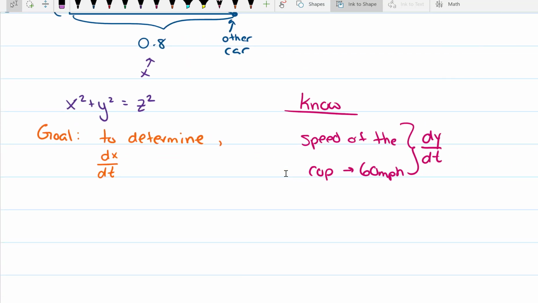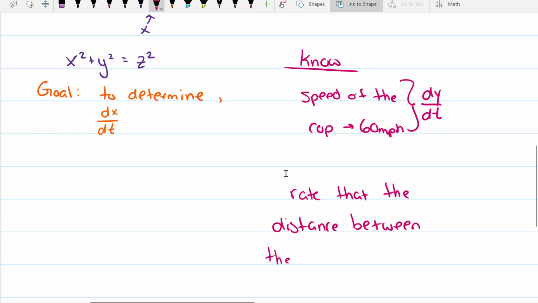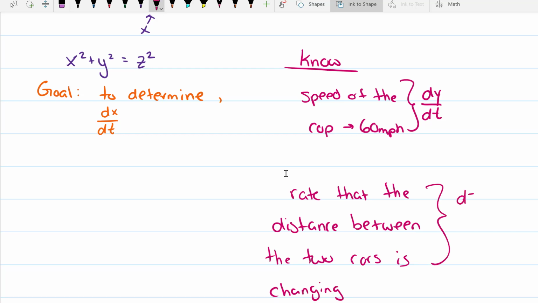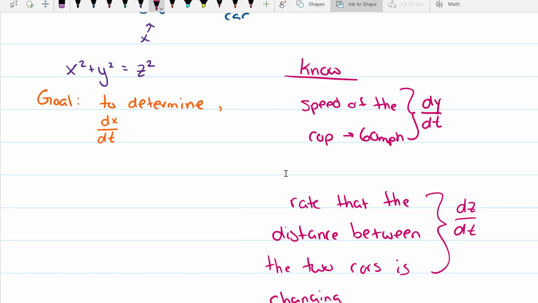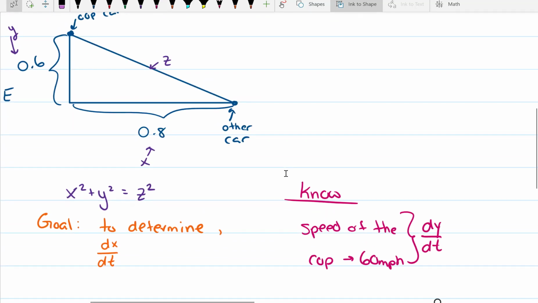We also know the rate that the distance between the two cars is changing. This is dz dt. Remember, because I called the distance between the two cars z.